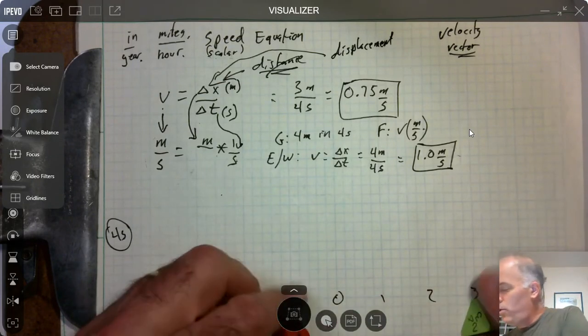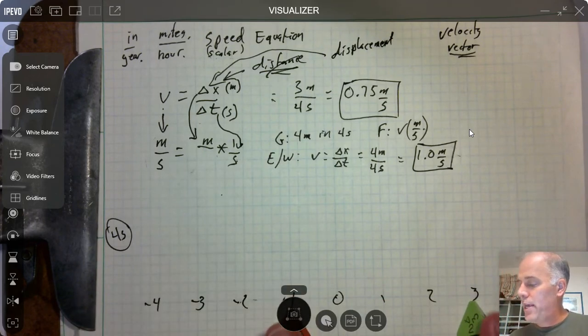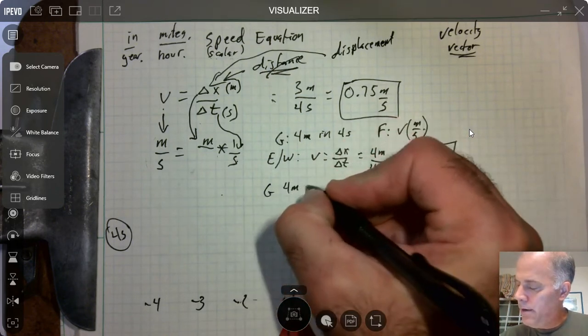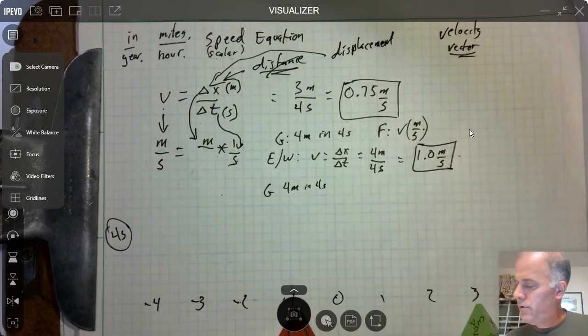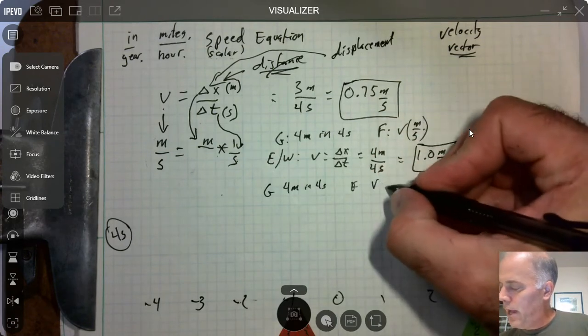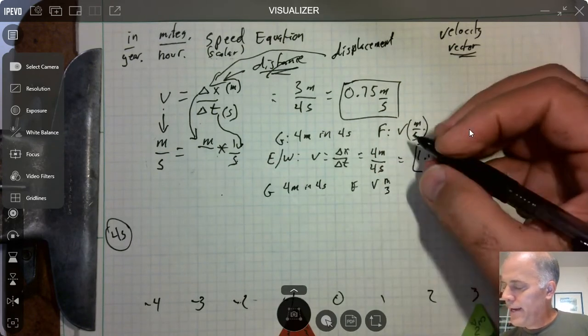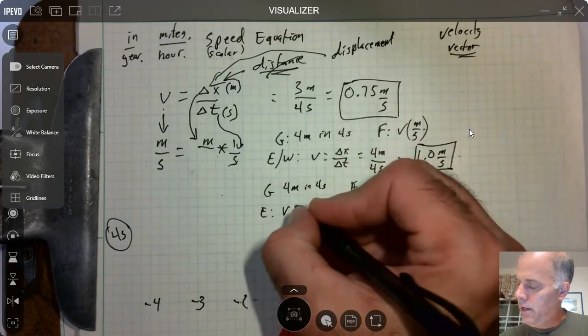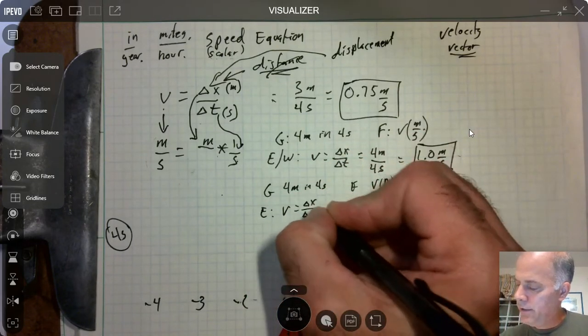All right? So to use this same setup that we did before, let's see, given 4 meters in 4 seconds, we're supposed to find velocity in meters per second. The equation is v equals delta x over delta t.